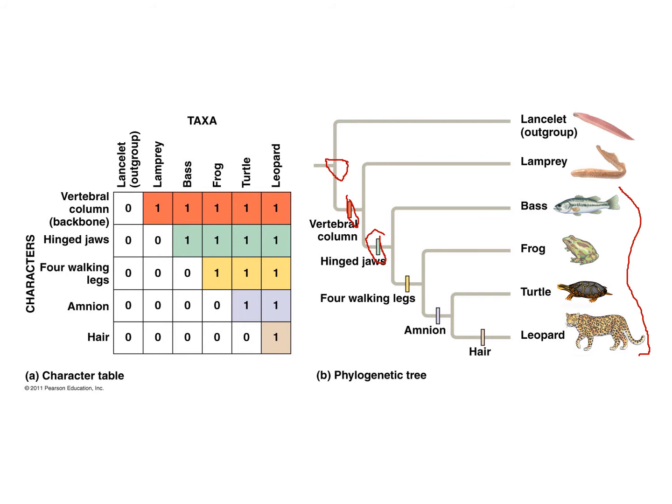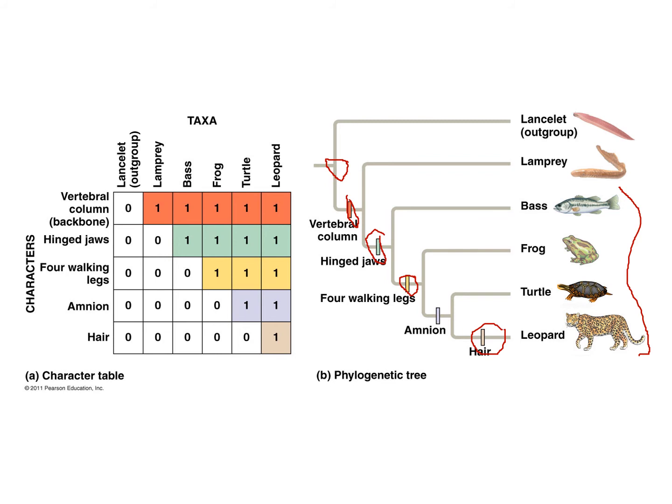Walking legs are present in the frog, turtle, and leopard. So again, another branch is created, supported by that shared derived character. Only the turtle and leopard have an amnion, and hair is present only in the leopard, so that character would go on the branch leading to the leopard only.